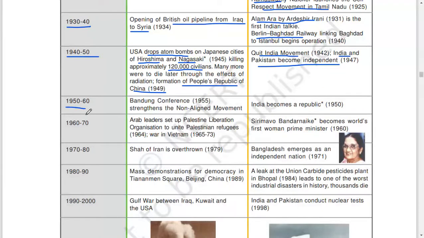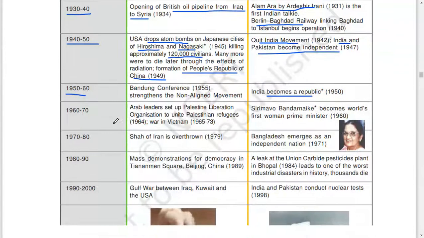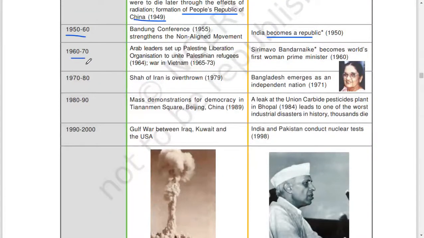1950 to 1960, Bandung Conference, 1955, strengthens the non-aligned movement. India becomes a republic, 1950. 1960 to 1970, Arab leaders set up Palestine Liberation Organization to represent Palestinian refugees, 1964. War in Vietnam, 1965 to 73.